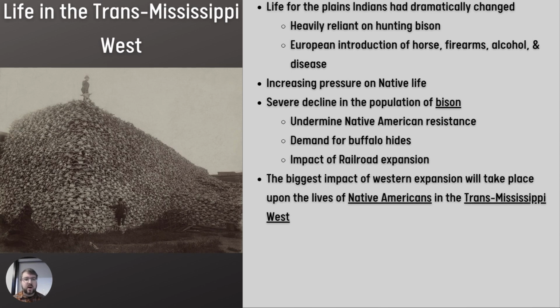But there comes a cost as America moves westward to create farms, to do cattle ranching. And one of the things getting in the way of that is the Native Americans and their primary food source in the Great Plains, which was bison. So you had these tremendous groupings of bison moving back and forth along the plains, consuming the grassland. Well, that's in the way of farming.